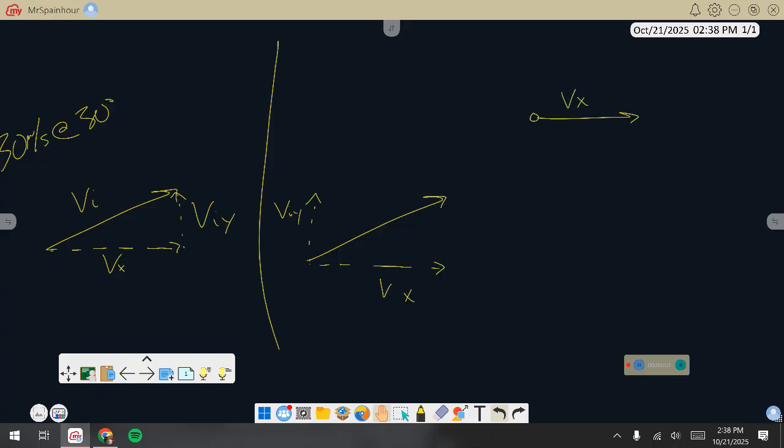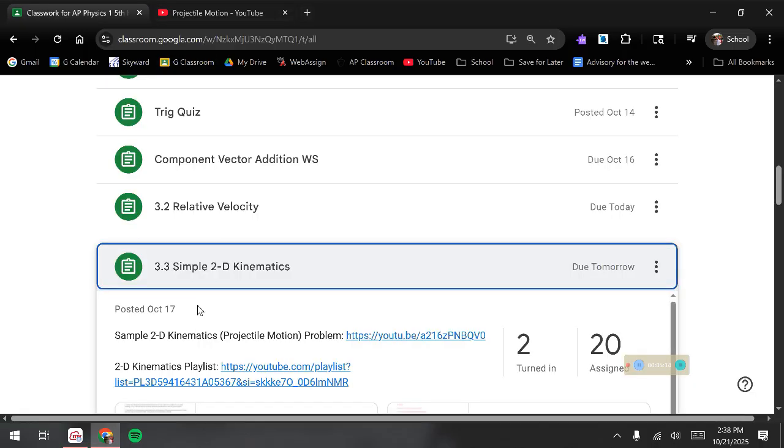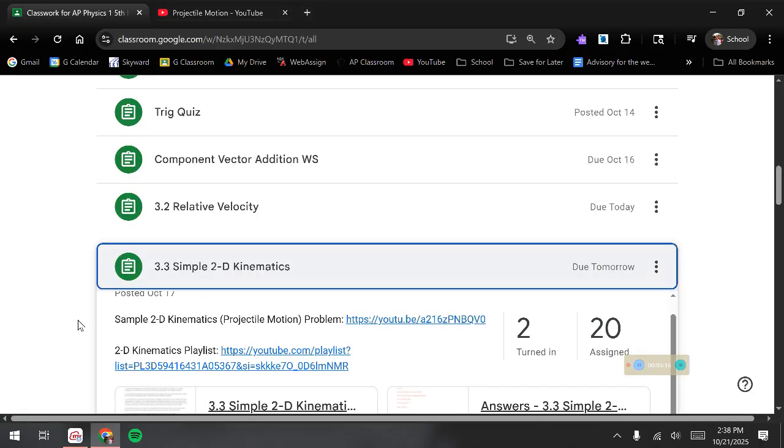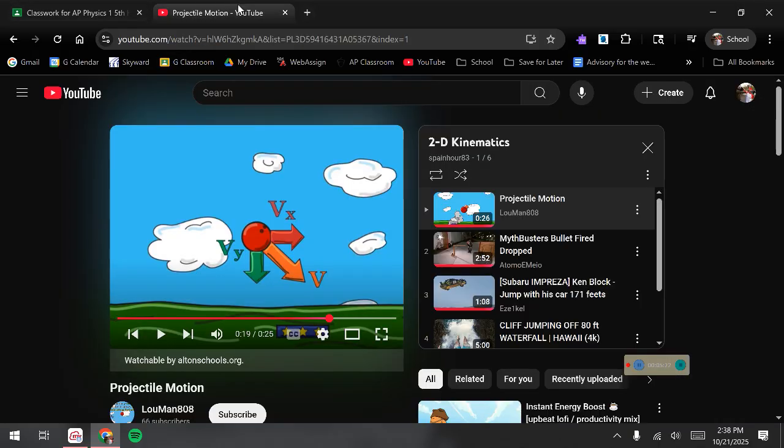Now, I talked about that in terms of words and concepts, but here's a great video that is meant to show what is happening to the velocity components while we travel along. By the way, I have these videos linked on both sets of assignments. They're not going to help you necessarily do the problems, but they might help conceptually.